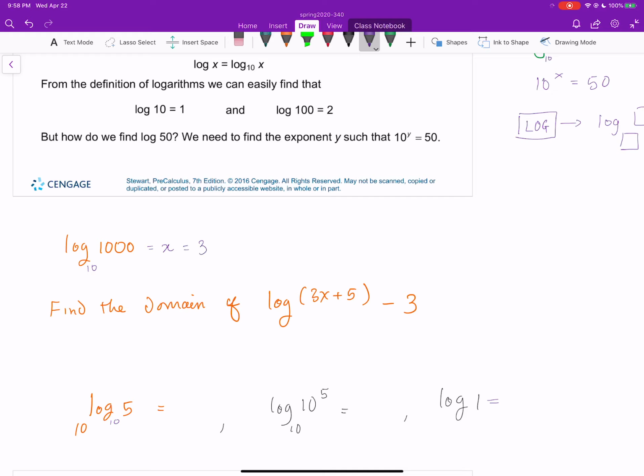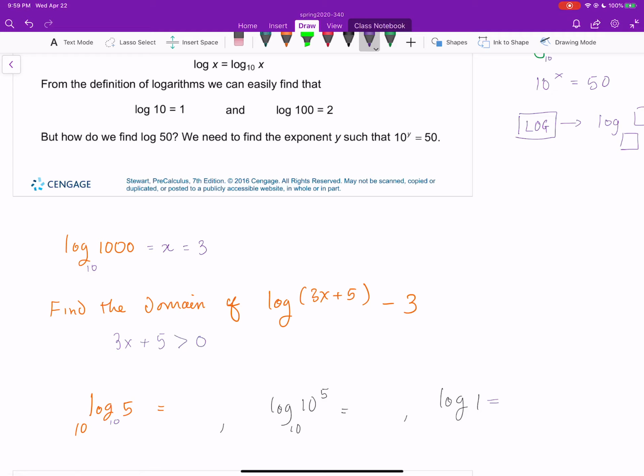And then we have find the domain of log of 3x plus 5 minus 3. Again, if you review the notes on how to find domains, the same thing applies here. We are going to look to the argument and make sure that it's greater than 0. So over here, I'm going to get 3x plus 5 is greater than 0.